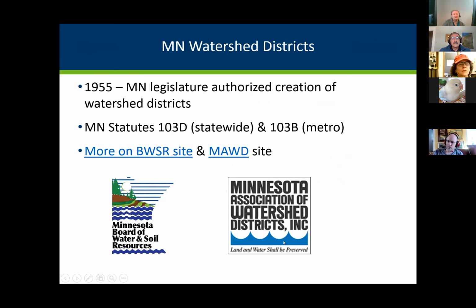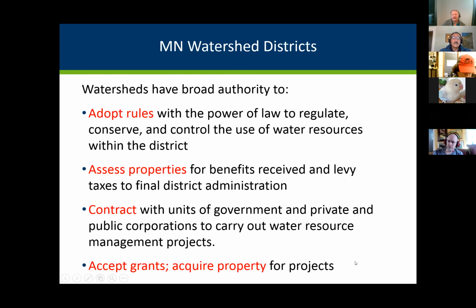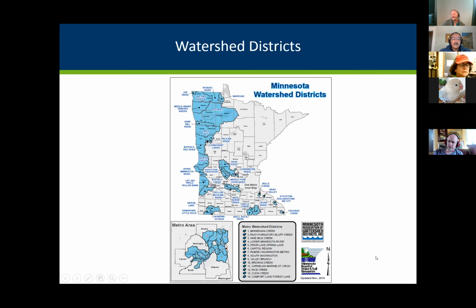In addition to our communities that have their zoning regulations, we have watershed districts. They've been around for a long time, and they can adopt their own rules that apply within the communities. They do a lot of modeling. They have a lot of great projects they do. They do some grant and cost sharing in their communities, doing a lot of great work.